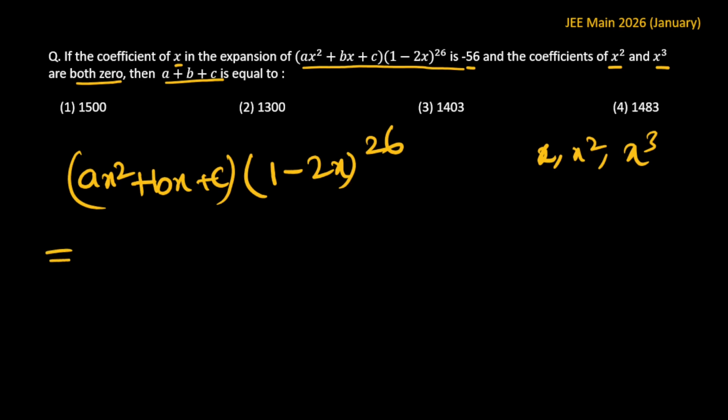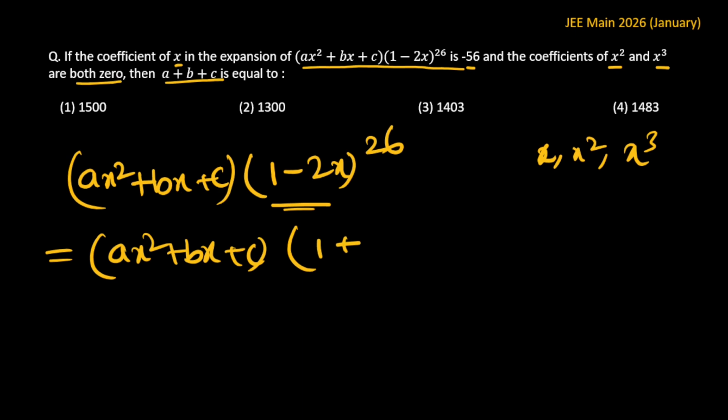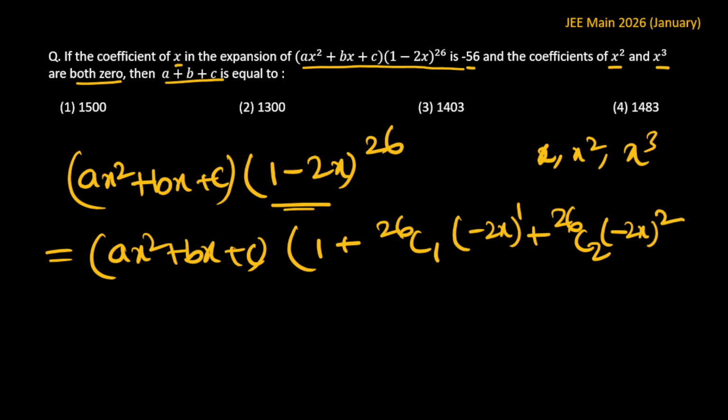Now we break this expression using binomial expansion. Ax square plus bx plus c as it is, times 1 plus 26c1 (minus 2x) power 1 plus 26c2 (minus 2x) power square plus 26c3 (minus 2x) power cube up to (minus 2x) power 26.